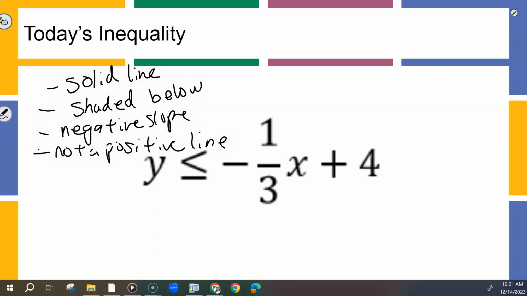Anything else? Do we know what the slope is? Negative 1/3. Okay. What else? Y-intercept is 4. Okay, y-intercept is 4.